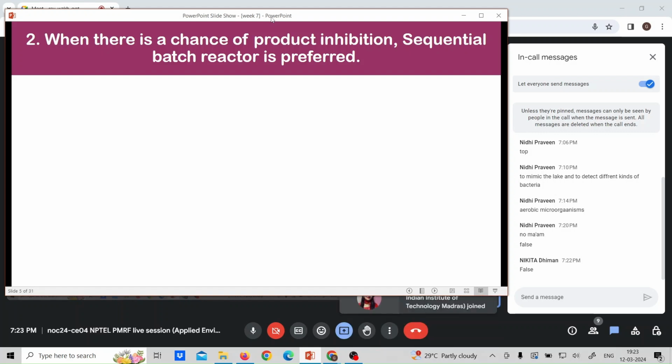You still tried answering this question. Seems like I did not get many thumbs up, so you people know what a sequential batch reactor is. I guess someone has raised a hand, but I cannot see the name. If you have any query, you can unmute or put it in the chat box.